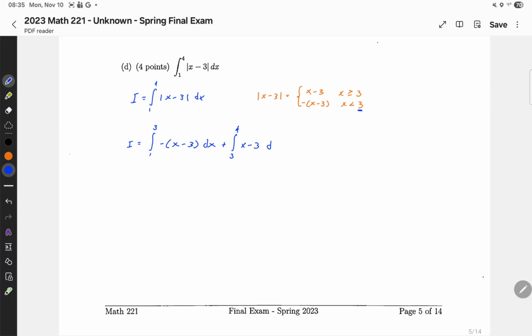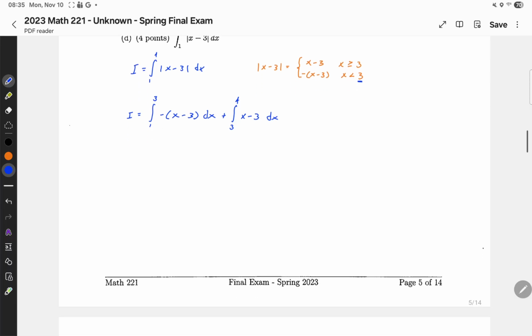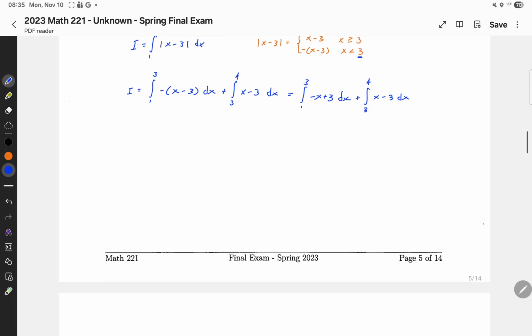This is the positive portion, greater than 3. And here, let's go ahead and distribute that negative before we integrate. This is the integral from 1 to 3 of minus x plus 3 dx plus the integral from 3 to 4 of x minus 3 dx, just like that. And yep, those negatives look about right.